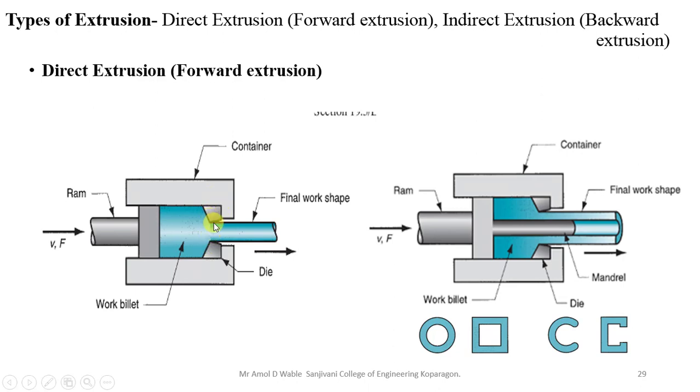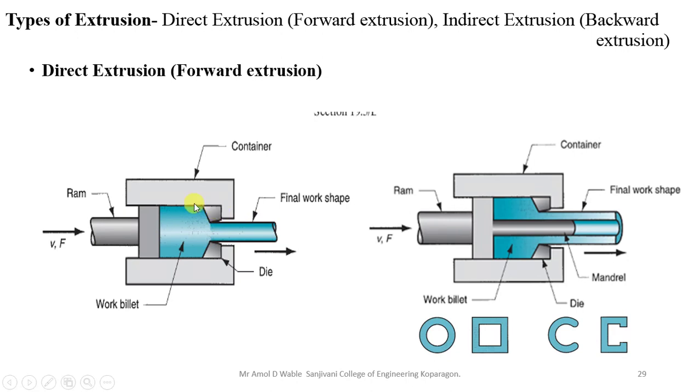Because of wear you need to change this die a number of times. So instead of changing the whole chamber or container, you can just change a small part, the die, and replace it with a new one, and again you will get a good extrusion process. Because if it gets worn, it will affect the dimensional properties. Once it gets worn, you need to replace it with another die. So the die part is kept as a flexible one.